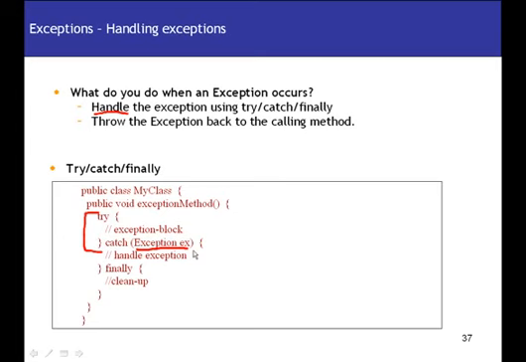There are a lot of exception classes which are subclasses of the exception class, but exception is at the topmost level in the hierarchy. So you can either catch exception itself or you can catch the subclasses. If I'm trying to work with files in this try block, I can catch a file not found exception.